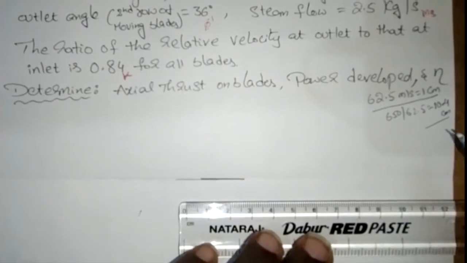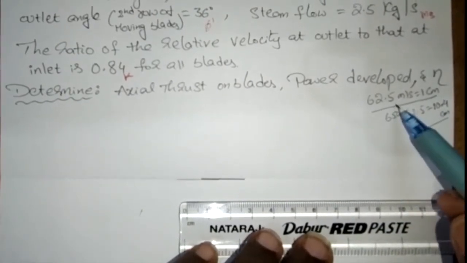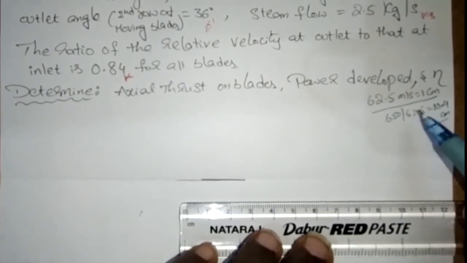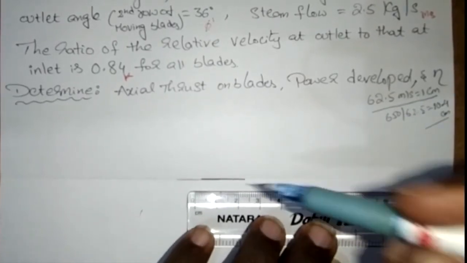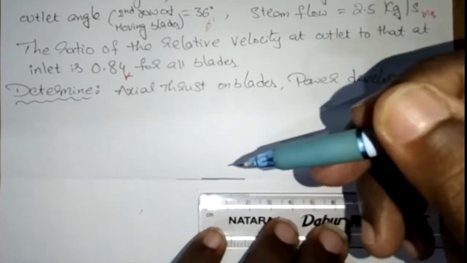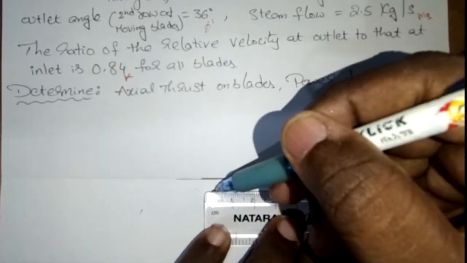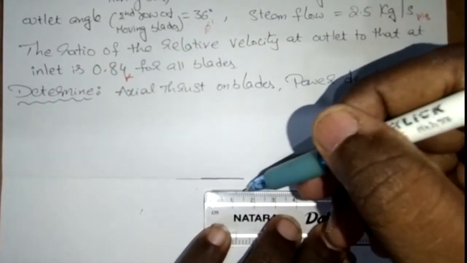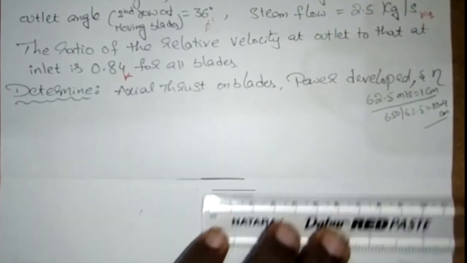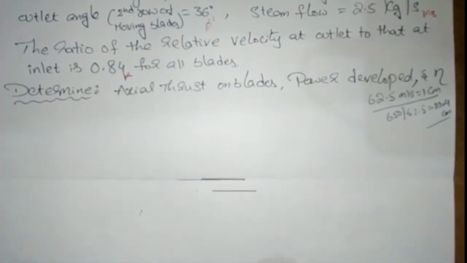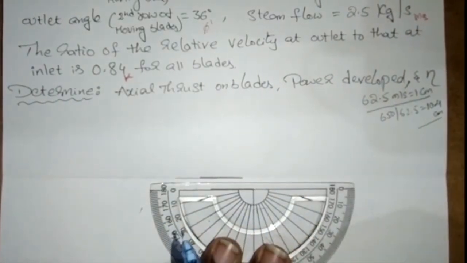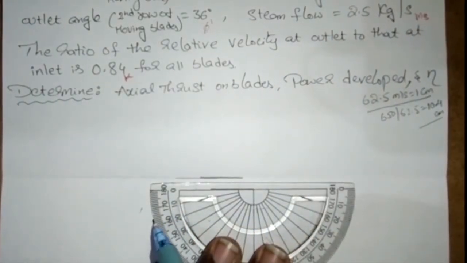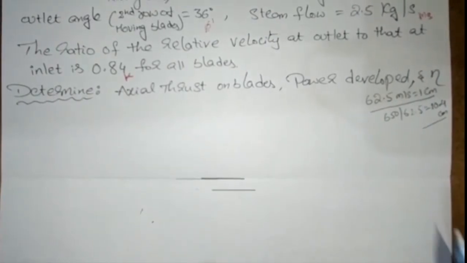Here I am taking 62.5 as 1 centimeter. The blade velocity is 125, so I am taking 2 centimeters as blade velocity. Alpha is 16 degrees.